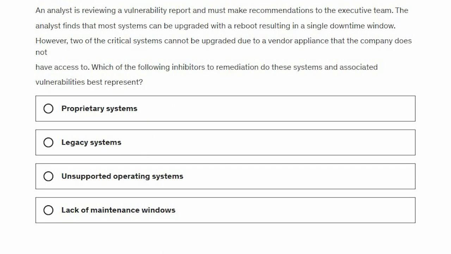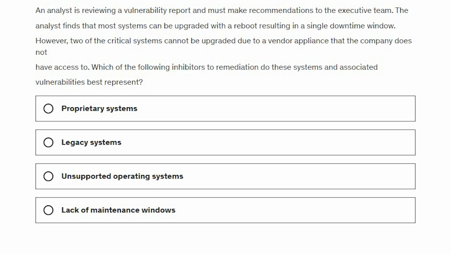Question number 4. An analyst is reviewing a vulnerability report and must make a recommendation to the executive team. The analyst finds that most systems can be upgraded with a reboot, resulting in a single downtime window. However, 2 of the critical systems cannot be upgraded due to a vendor appliance that the company does not have access to.